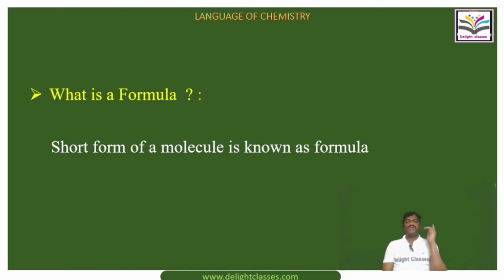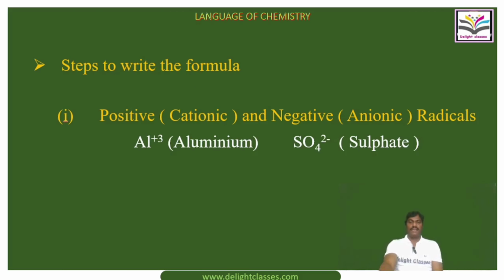Now, what is a formula? A formula is a short form of a molecule. Now, how to write it? There are 4 steps to write a formula. Step number 1, we have to write the radicals. We have seen positive and negative radicals, cations and anions. In the first step, we write the cation, then the anion.